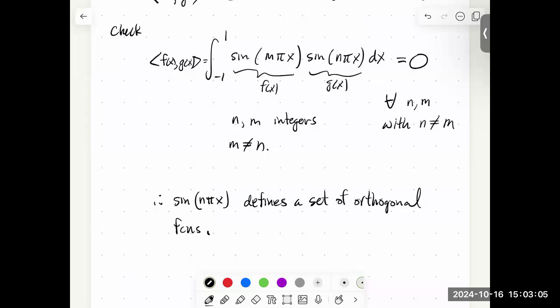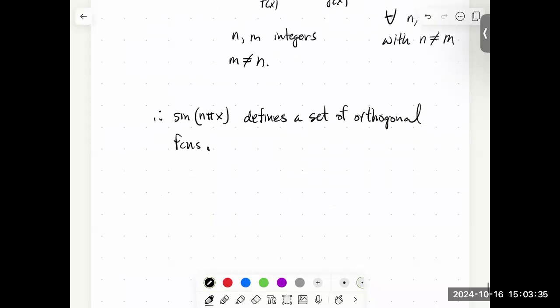And what I can do is I can write any other vector in terms of components along x, y, and z. We're going to do the same thing for functions. If I have an orthogonal set of functions, then on that domain, I can write any other function in terms of components of all of these basis vectors, where n is going to be 1, 2, 3, 4, and so on.